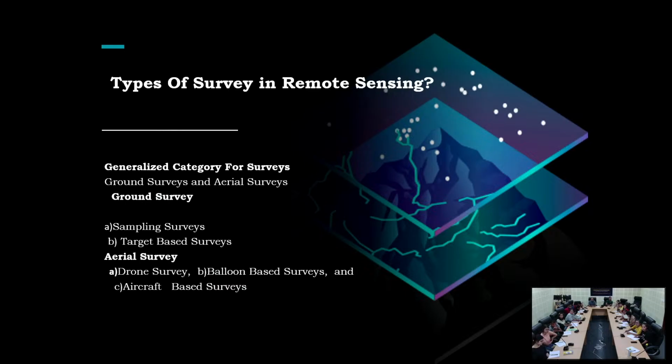Then aircraft based surveys. So I was involved with one project in Everest NG, hyperspectral project, ISRO and NASA is doing Everest NG. So in 2019 they were flying in Assam for hyperspectral.